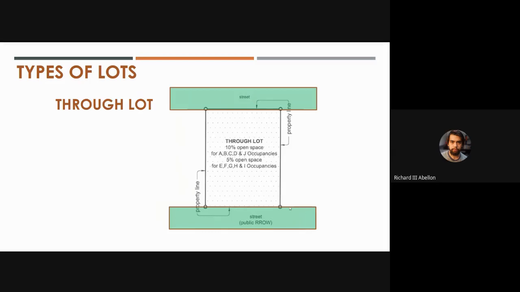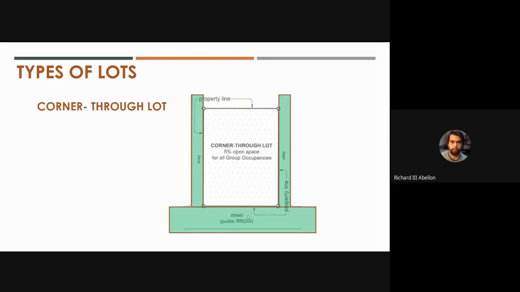Parehas na front yard or 4.5 meters minimum of setback. All the rest is sides na siya, which is 2 meters dito sa sides. Okay? So, that's through lot. Parang through lot, pinaggitnaan siya ng dalawang road parallel with each other.